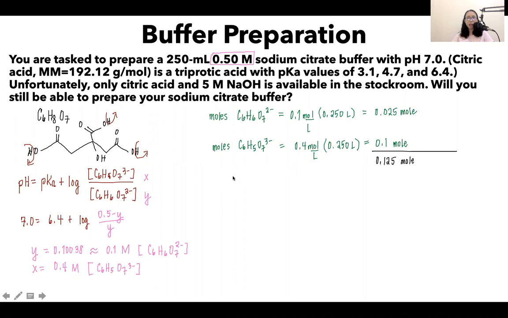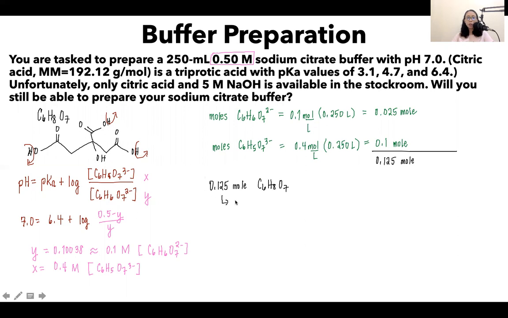Now, this means that these two, or this 0.125 mole, will come from citric acid, which means we need 0.125 mole of citric acid, or C6H8O7, the intact molecule.